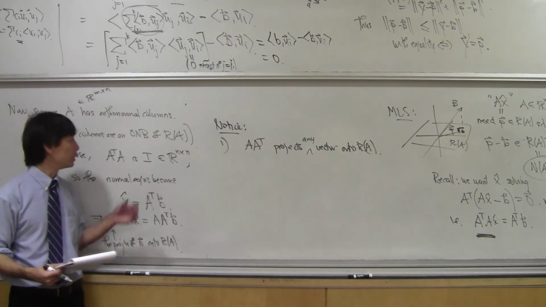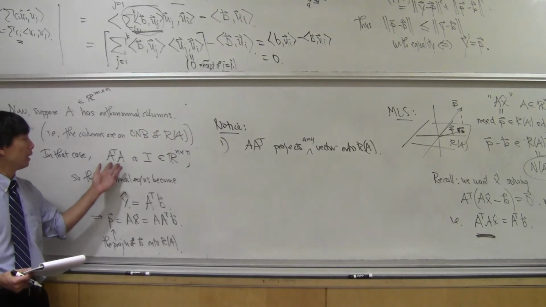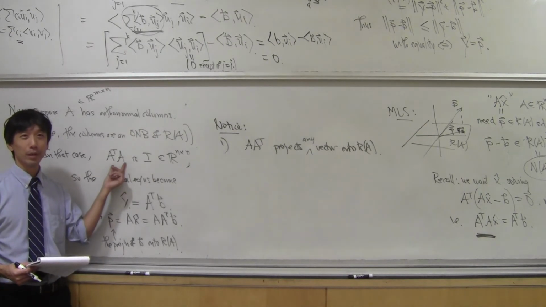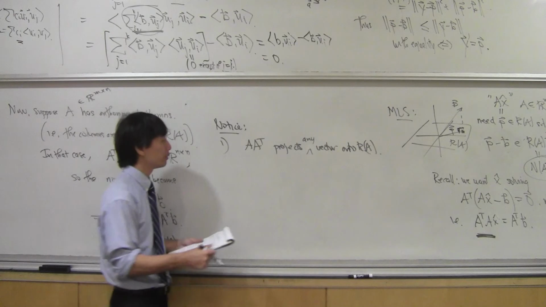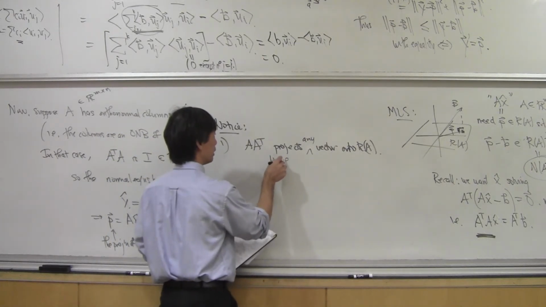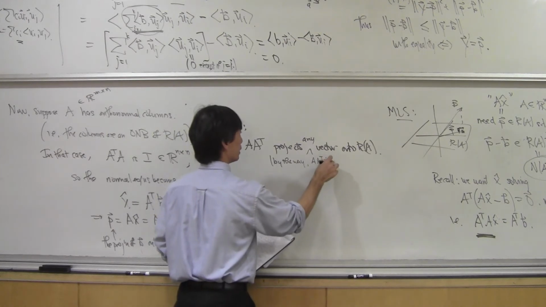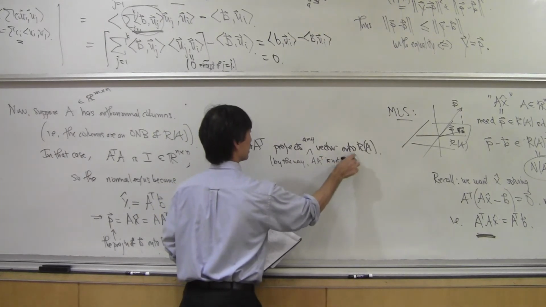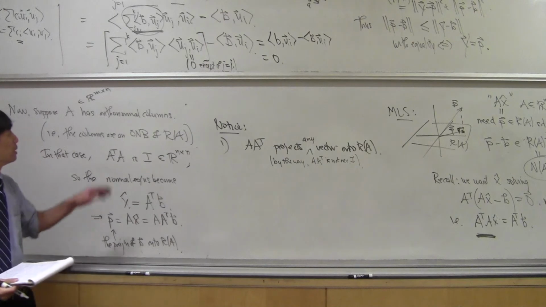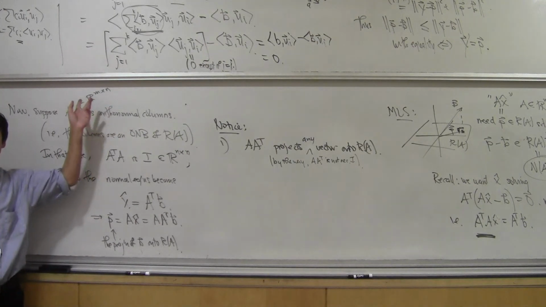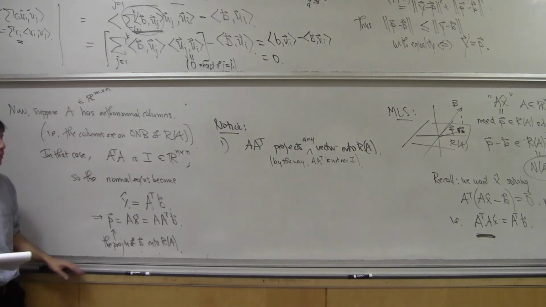Notice that A A transpose is not necessarily the identity. This is because A is not a square matrix. If it were a square matrix, yeah, it would be the identity.